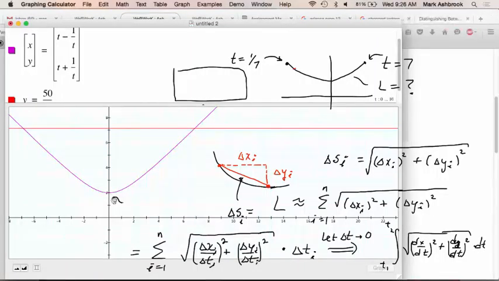So this is the point (0, 2), and this is x equals -7, and y is about 7, so approximately 7. And then this is 7 and approximately 7.